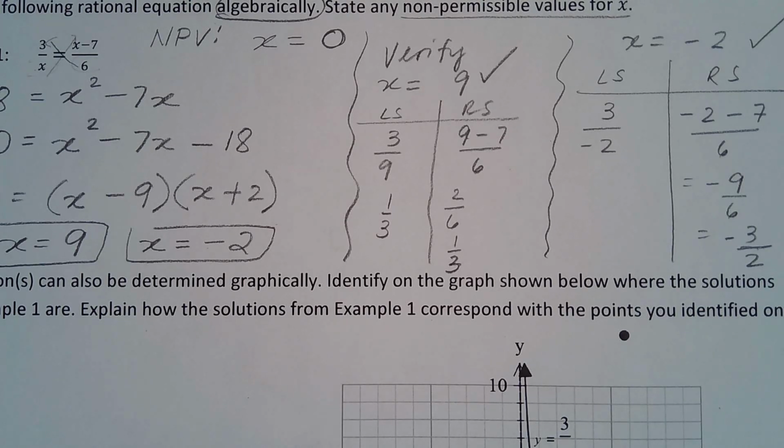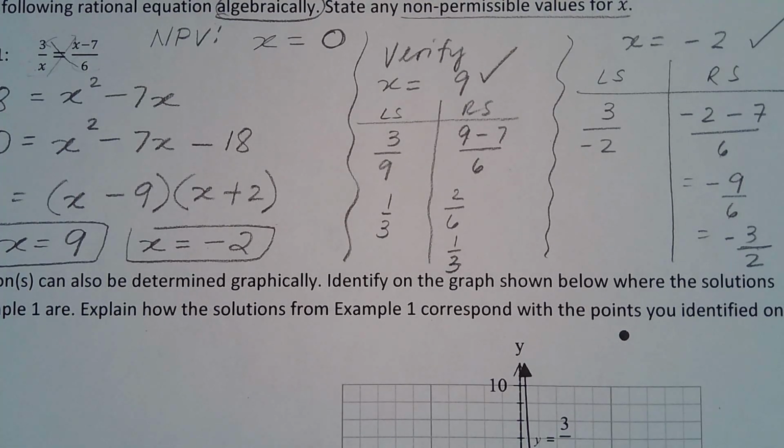What did we say the solutions are? We said that there are two solutions, and the two solutions are the points of intersection. As you can see, the red graph and the blue graph intersect.